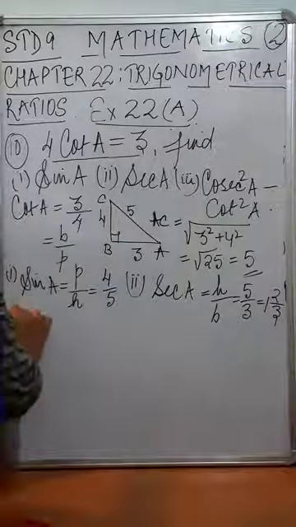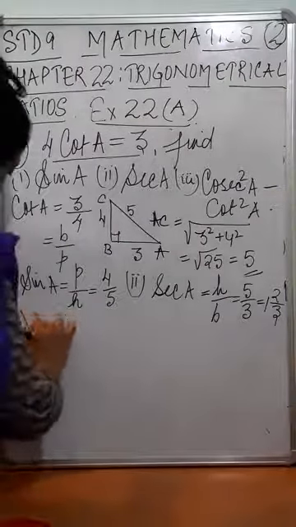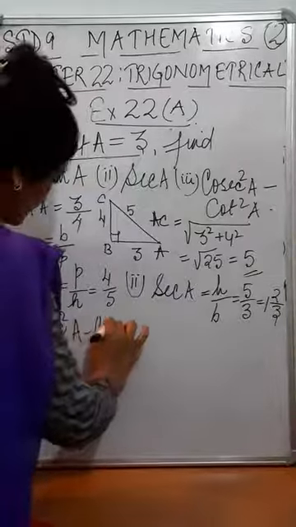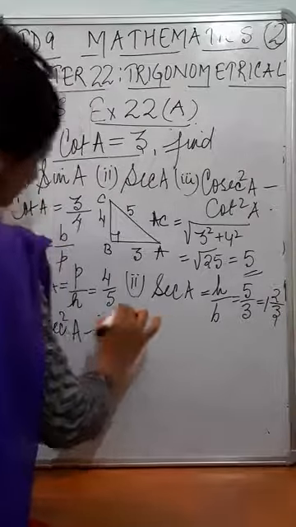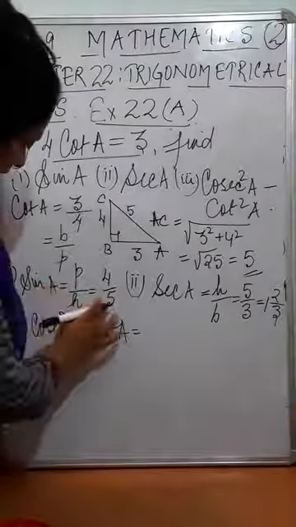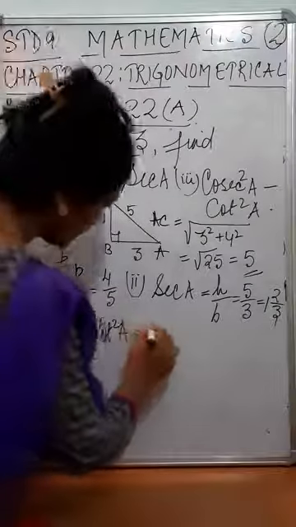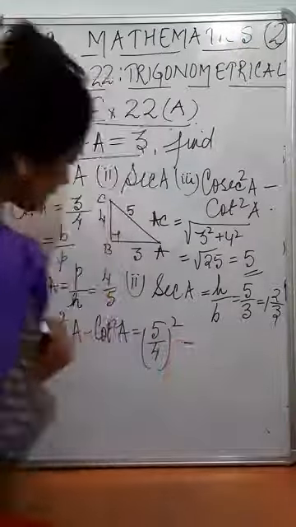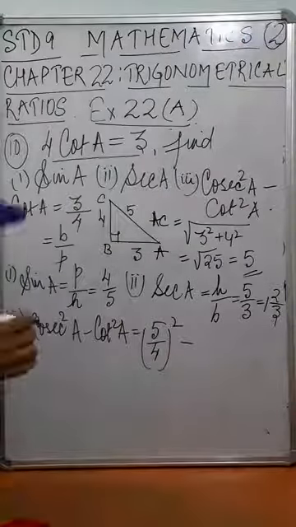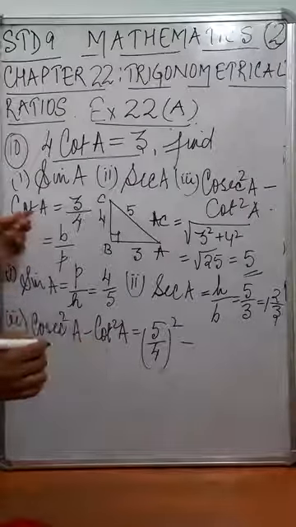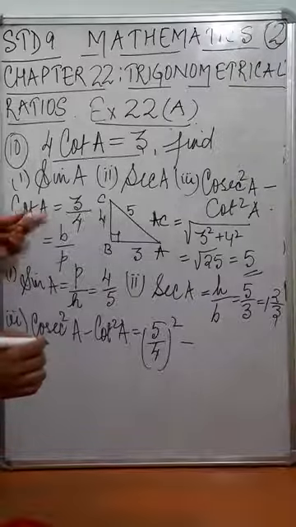The next is cosec square A minus cot square A. Cosec A, if sine A is 4 by 5, cosec A will be 5 by 4 whole square, reciprocal of sine. We have not found out tan, so that cot I will find out directly, but that is given to us. Cot is given 3 by 4.